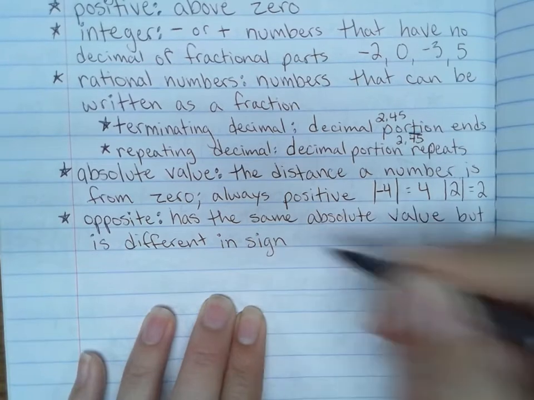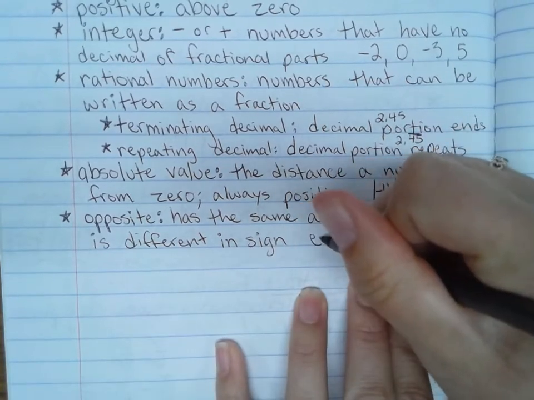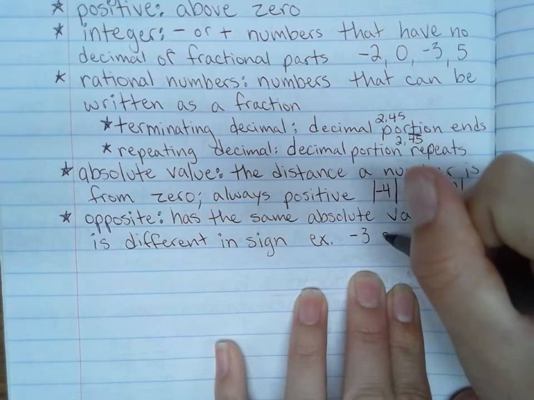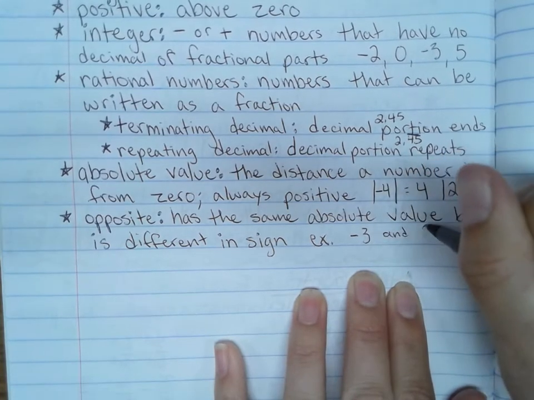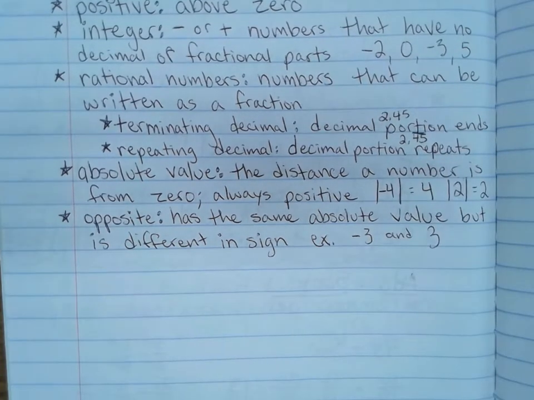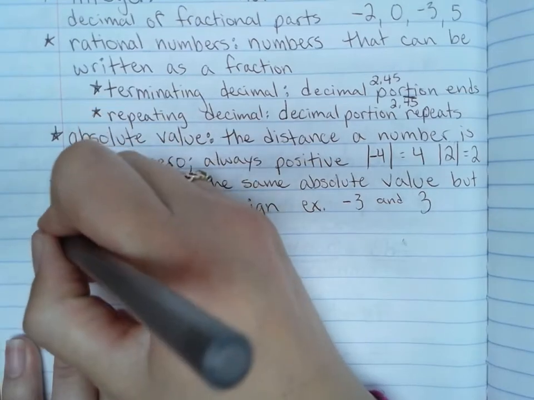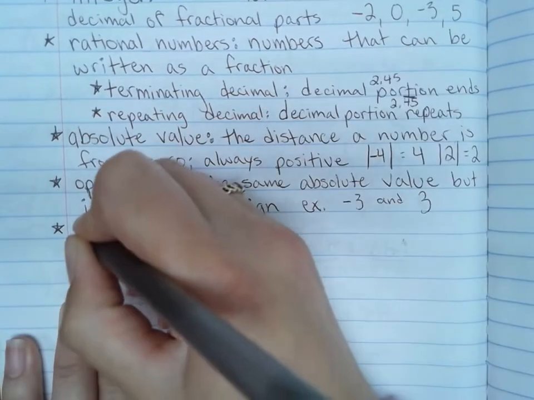So examples, -3 and +3. Those both have an absolute value of 3. They're 3 units away from 0, but one's negative and one's positive. Alright, now to the graphing ones. Okay, on the coordinate plane, the most important place for us to know is the origin.